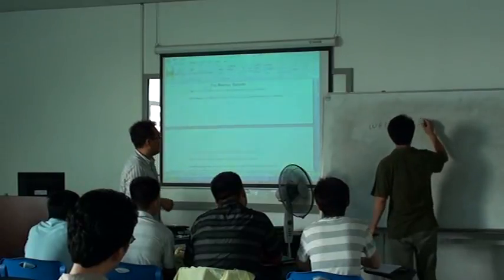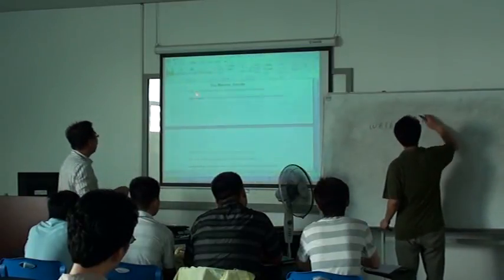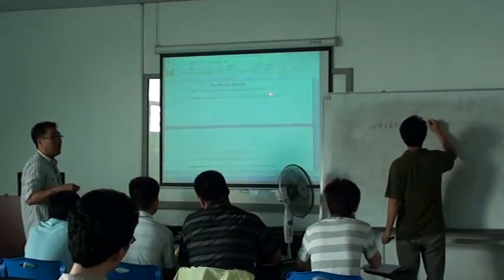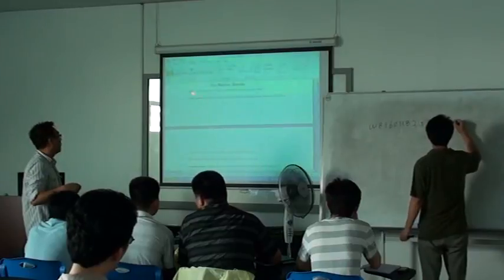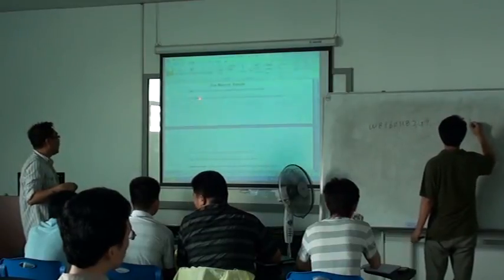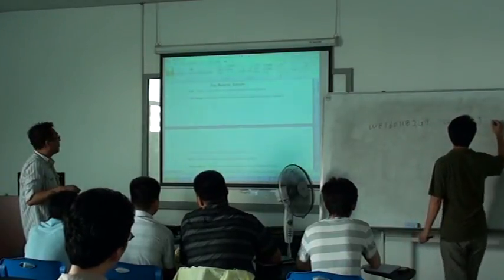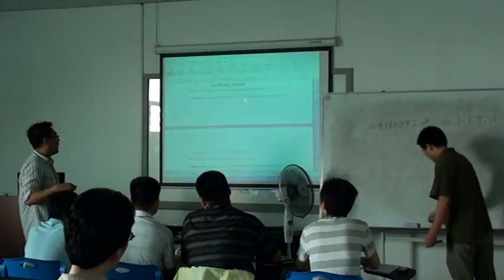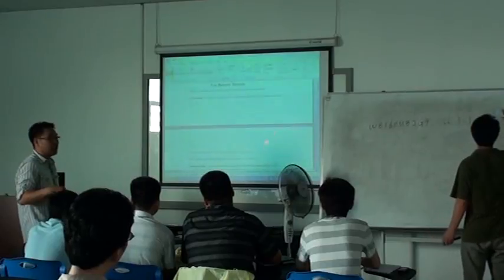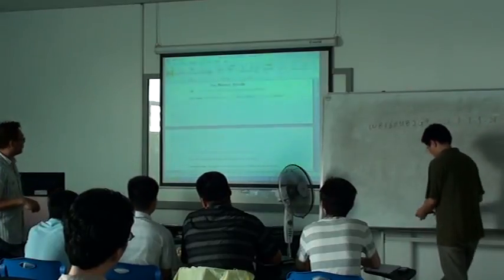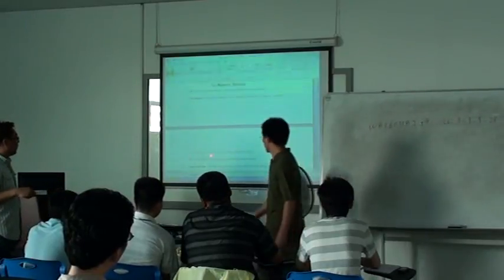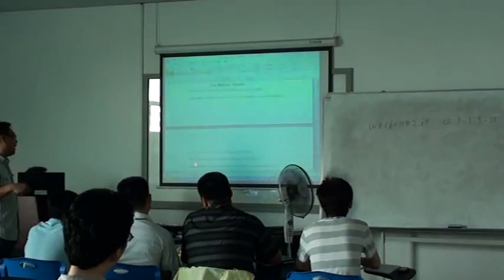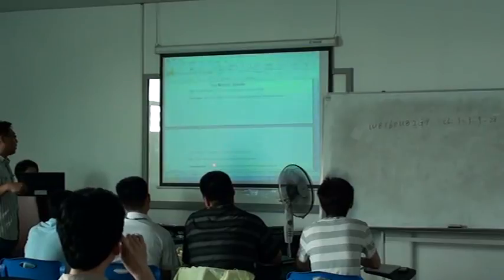So the CAS means column address strobe. Okay? So CAS latency. What is CAS latency? It's the delay from the CAS signal to when the data is available on the memory bus, right? What is the RAS, row address strobe?